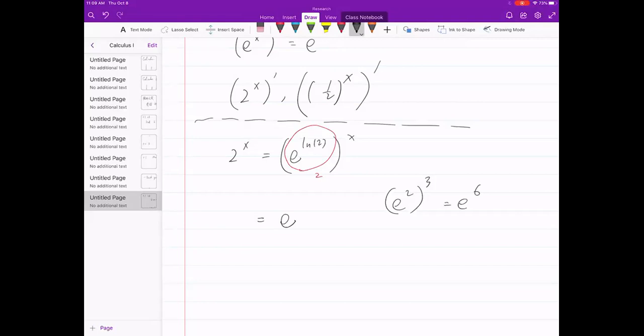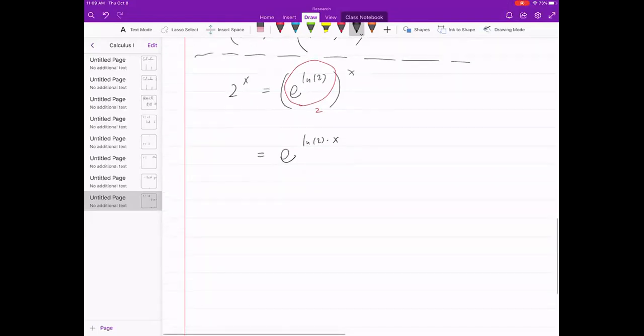What you have here is not a nice number, but the same rule still works. You have ln2 times x. Good so far? Okay, now can you take the derivative of that?